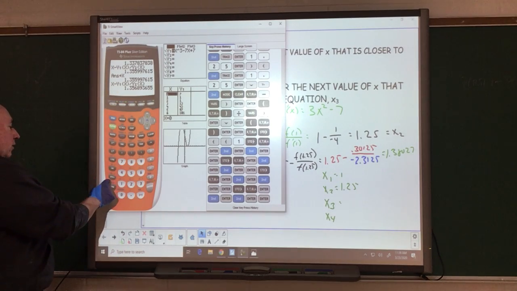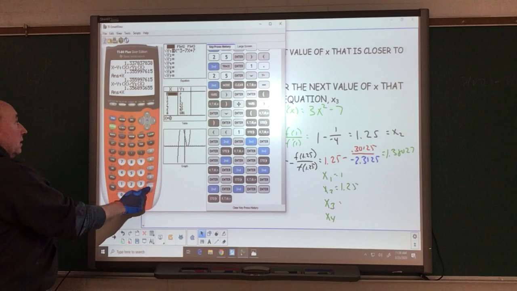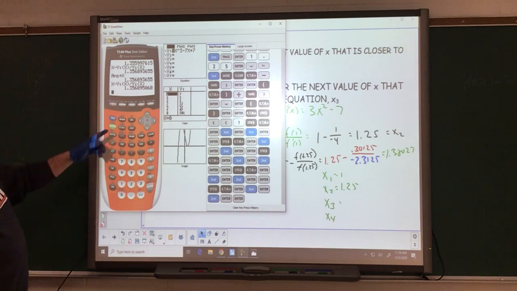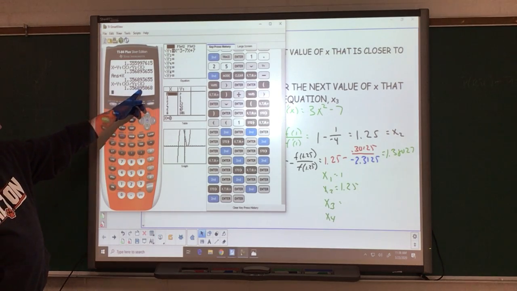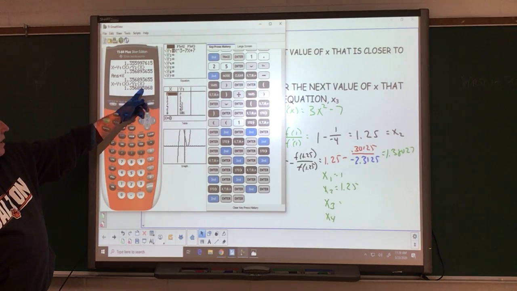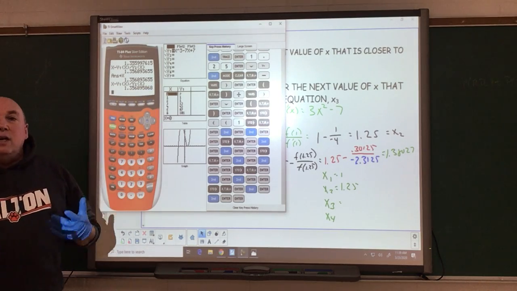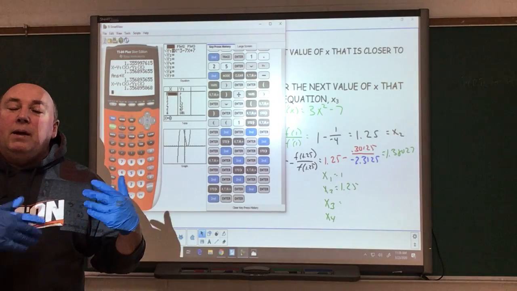We continue this process, store to X, second entry, and now you can see I get 1.35689. I have identical numbers to this point. These are not. So when I'm getting that close, I could probably do this one more time.